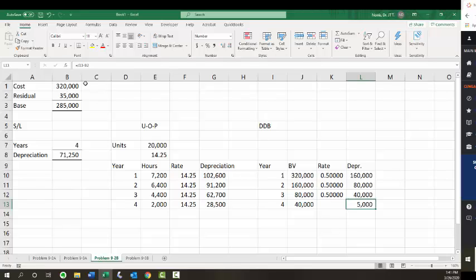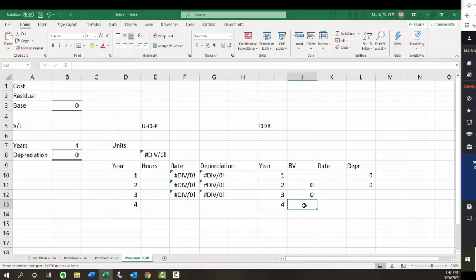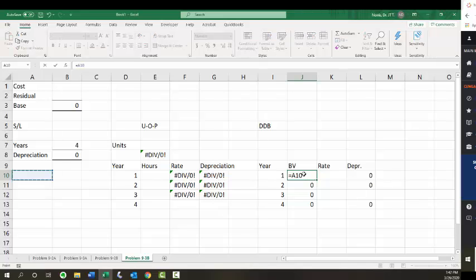And then lastly, problem 9-3B, this is another partial year. We're going to assume once again that the equipment was purchased on January 1 rather than October 1.